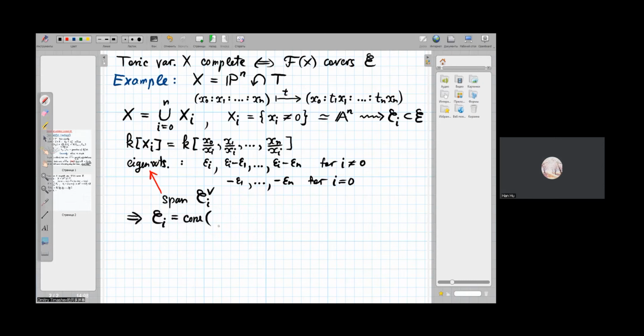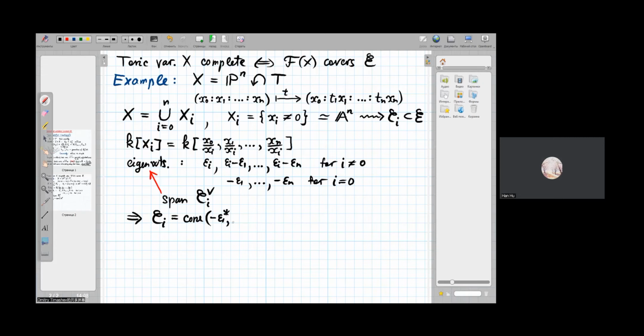So Ci is spanned by the following vectors: minus epsilon 1 star, epsilon 1 star, epsilon n star are the basis vectors of the dual basis in the dual weight lattice. Yeah, they are dual to epsilon 1, epsilon n.